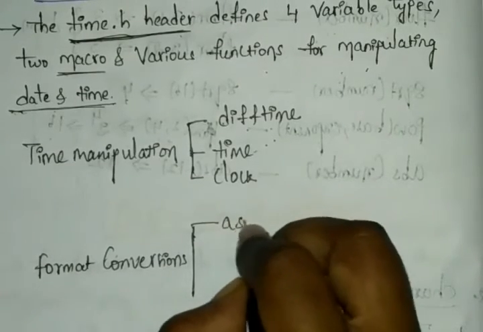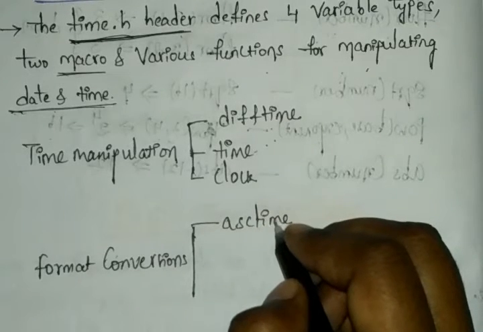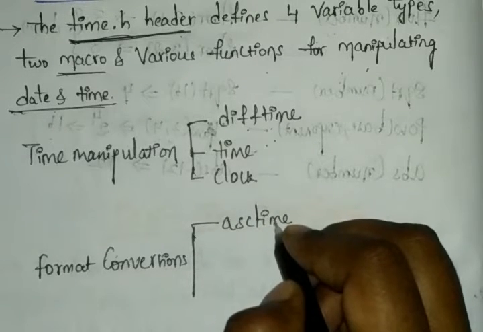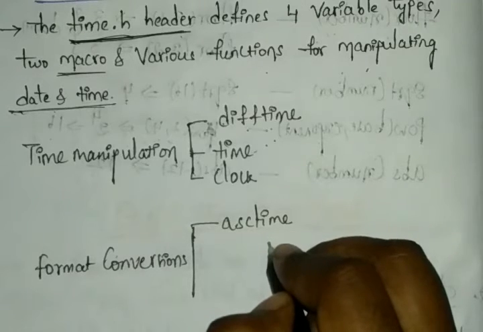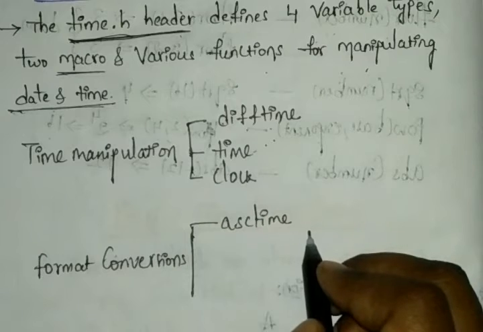The first one is asctime. It converts the struct tm object to a textual representation.